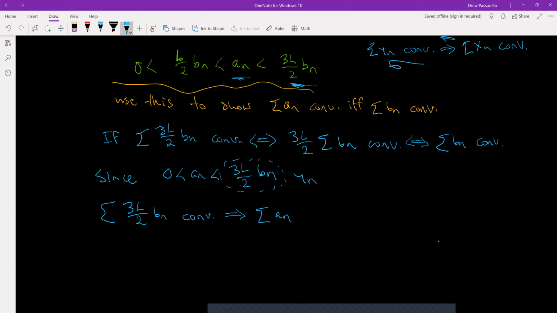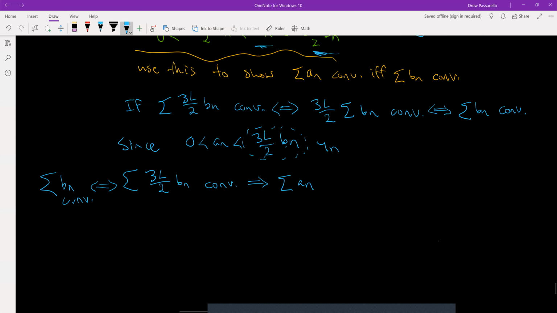And that's only true because bn converges, right? So bn converges if and only if 3L over 2, since that's a constant, times bn converges. And then that implies the series an converges because of the inequality 0 less than an less than 3L over 2 times bn. All right, so we've shown that bn converges implies an converges.